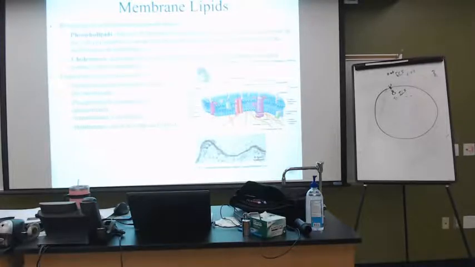But if you get 2 or more together, they do this because of their structure. So they form like that because we have the phosphate head, the lipid tails.